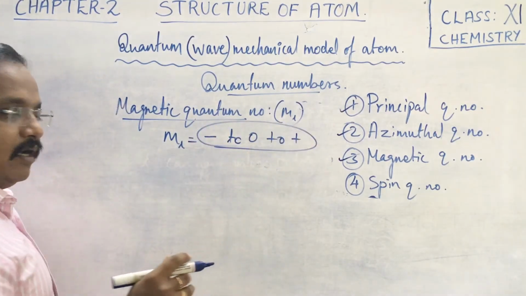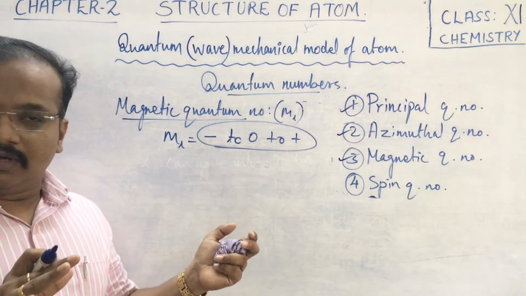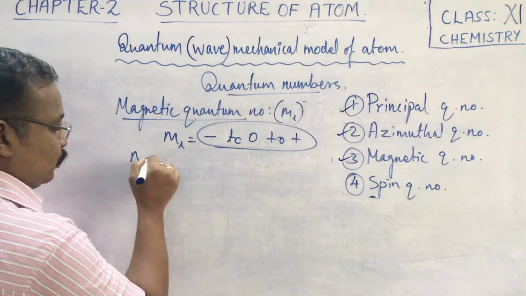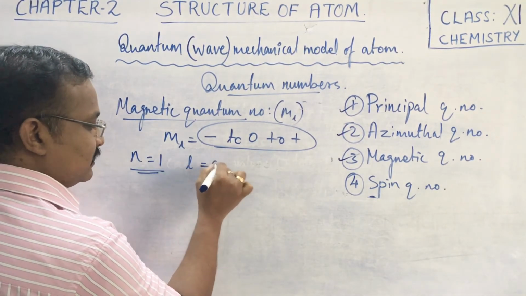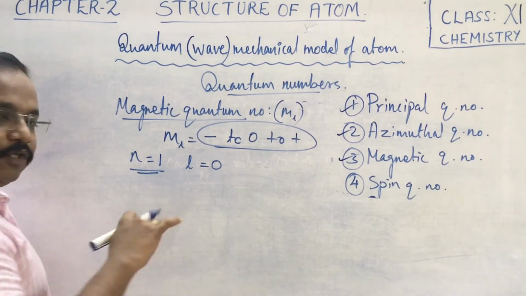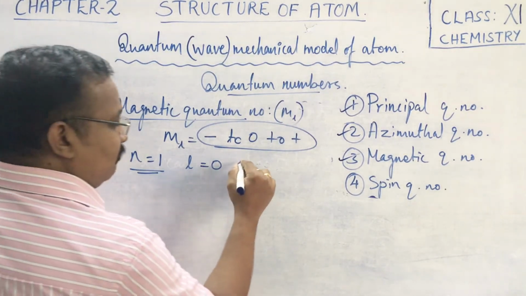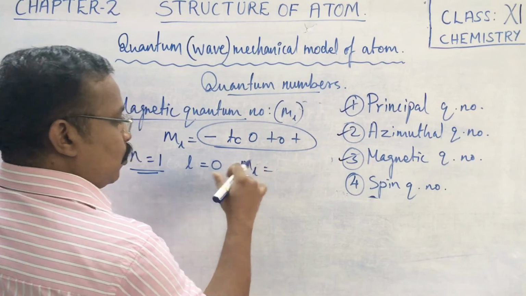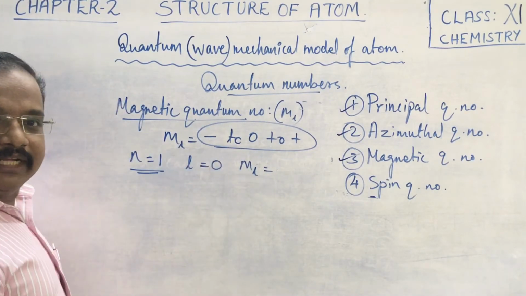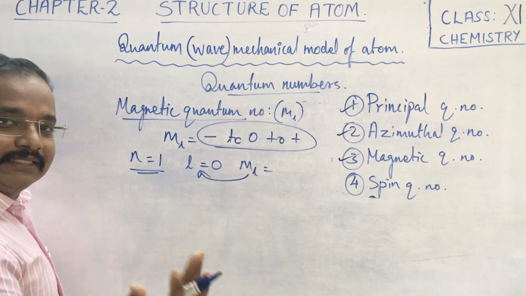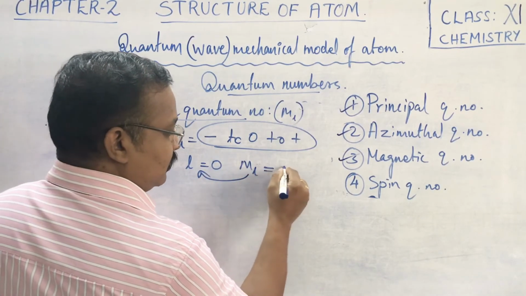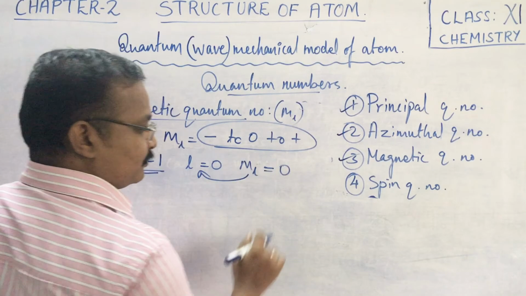When n is equal to 1, you know children that L can have value only 0, that is 0 to n minus 1. Now ml will have values from minus value to 0, you cannot take a minus value. So the ml depends on L values only. So 0 minus is not there, so ml also will have value 0 only.